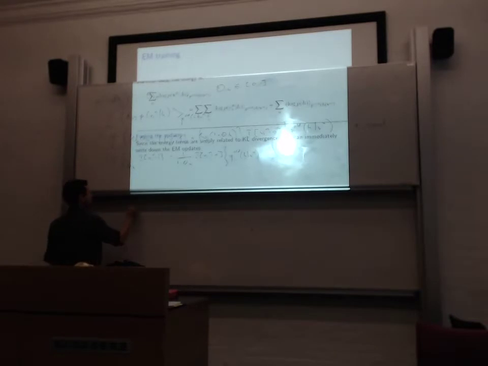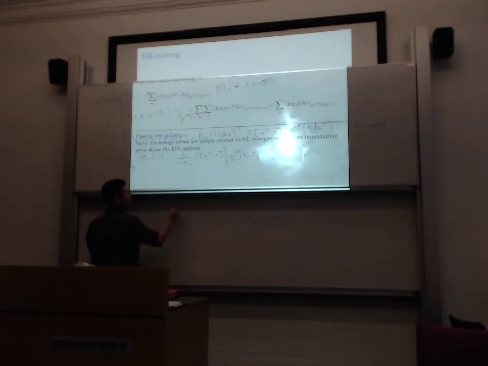So we've got a sum over n of the indicator that variable i is in state 1, times 1 over theta IH, times P of h given Vn.